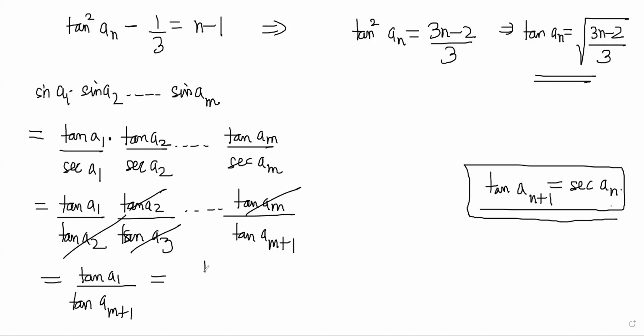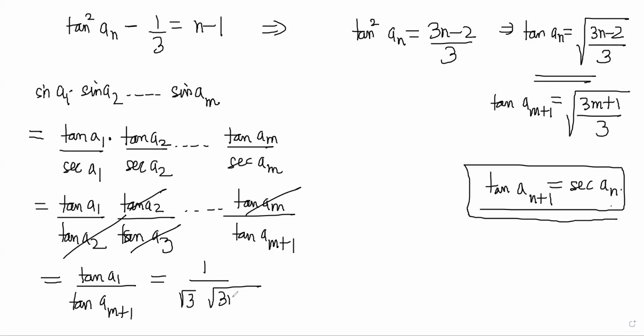And tan a_1 is 1 by root 3, and tan a_{m+1} would be, from here, root over (3(m+1) minus 2) by 3. So that is root of (3m+1) by root 3. So this is coming out to be 1 by root of (3m+1), right?